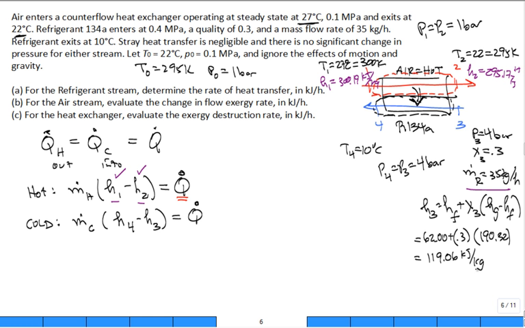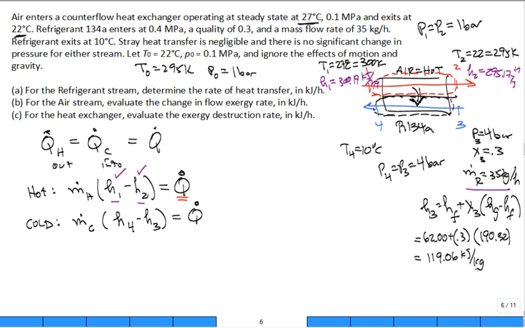All right, do this. H4. What is the pressure at state 4? What is the temperature at state 4? Can you find the enthalpy of the refrigerant exiting that heat exchanger? I'm going to pause and walk around and see how many people can find it. We get better at identifying the condition of state. What is state 4? How would you describe it? Subcooled liquid, two-phase liquid-vapor mixture, or superheated vapor?